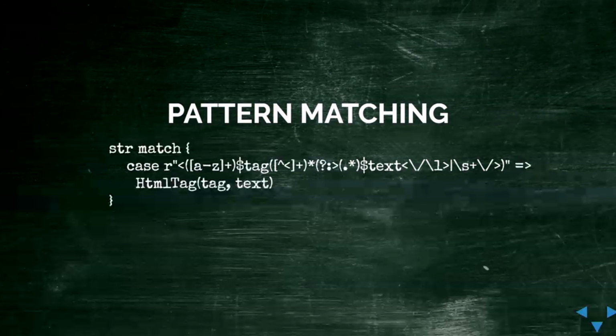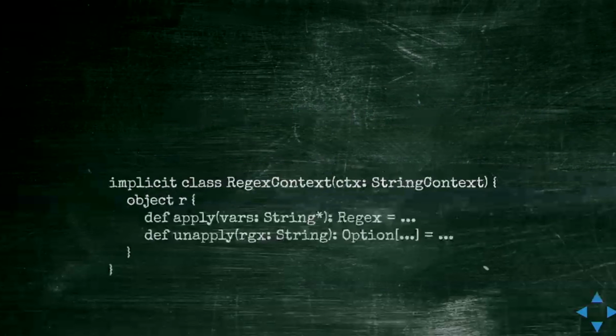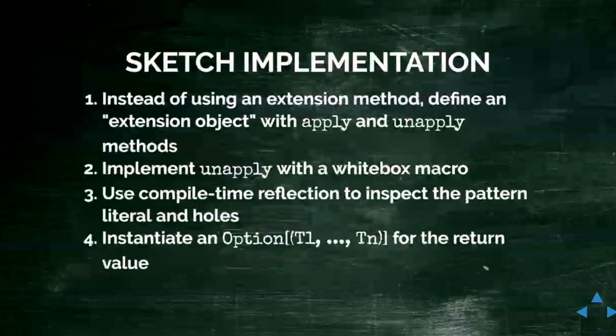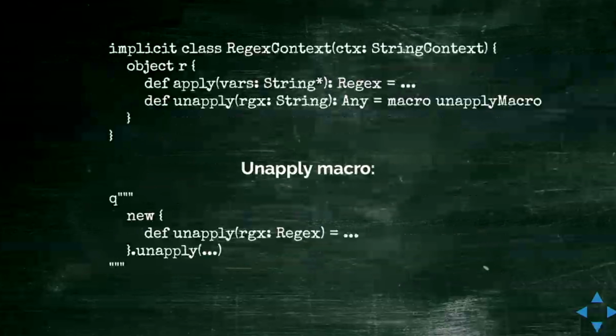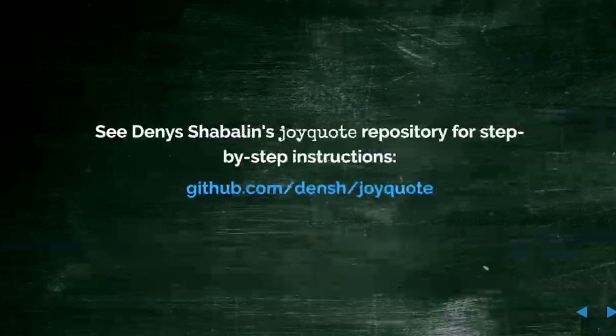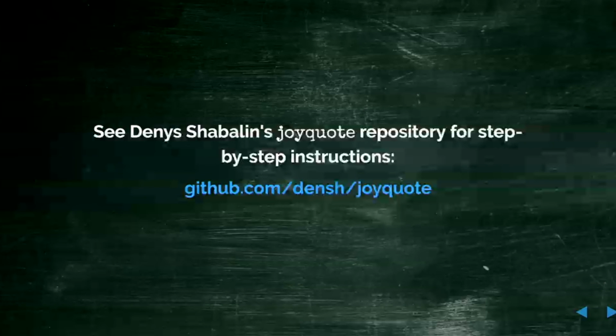The code you need to write to do this is so horrendously complex, and that's a very sketchy implementation. The best thing to do is to go to Dennis's GitHub repository here. If you want to take a photo of this, it's very well documented. There's a very, very clear explanation of how you can write this, step by step.